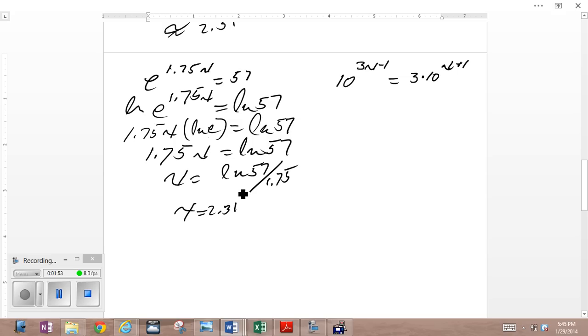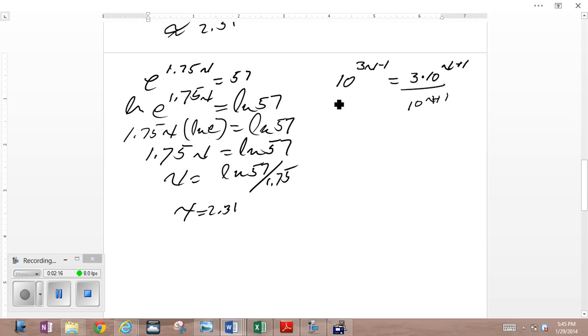All right. Here we are. 10 to the 3x minus 1 equals 3 times 10 to the x plus 1. Well, there are a couple things we could do. I am going to divide both sides by 10 to the x plus 1.